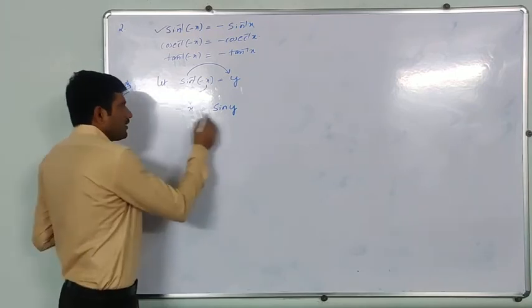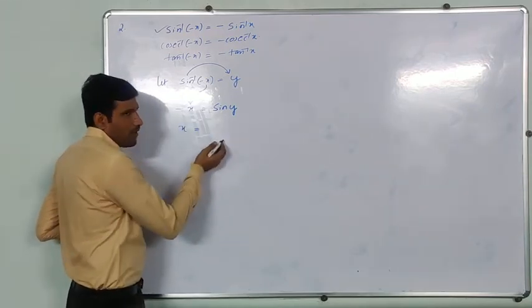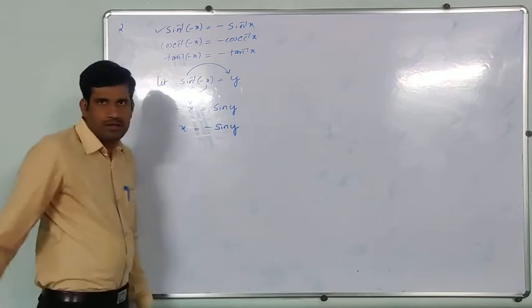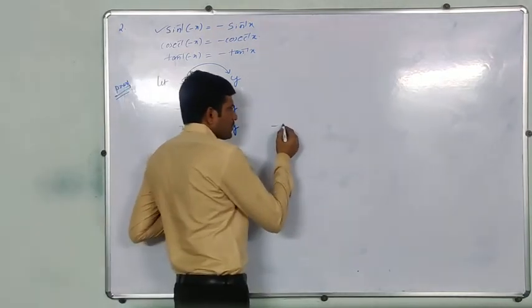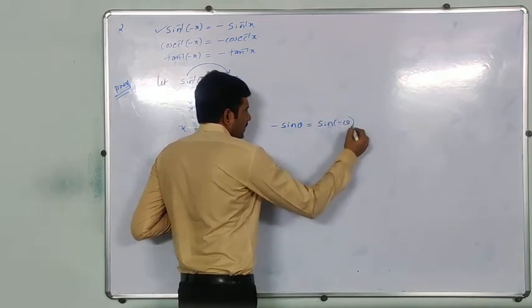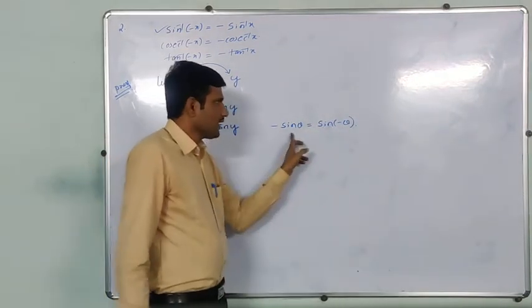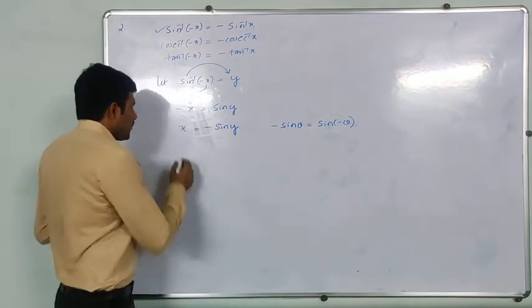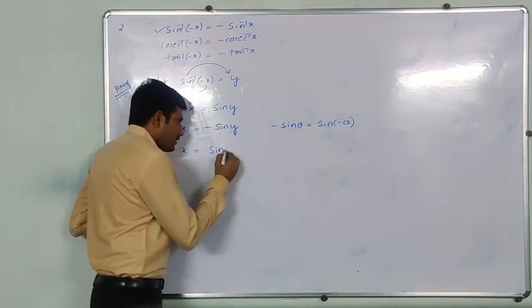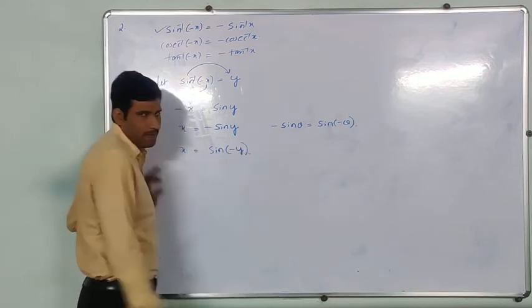Multiply by minus, so x is equal to minus sin y. We already know that minus sin theta can be written as sin of minus theta, because sin of minus theta is minus sin theta. So x is equal to minus sin y, which I can write as sin of minus y.